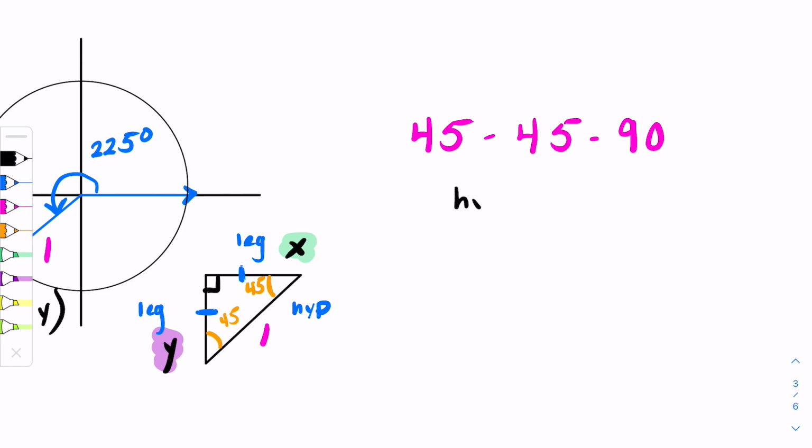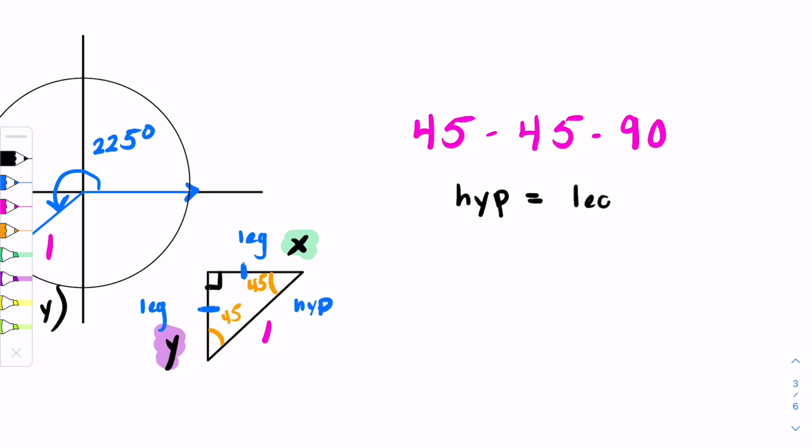There's only one formula for the 45, 45, 90 because the hypotenuse is one length and the legs are both the exact same length. So the only formula you need to know is a leg length times the square root of 2. Well, we already know the hypotenuse length, so that's where we're going to start. We substitute 1 in for the hypotenuse, and this is equal to x times the square root of 2; you could use x or y.